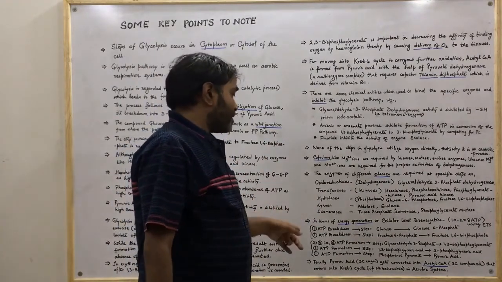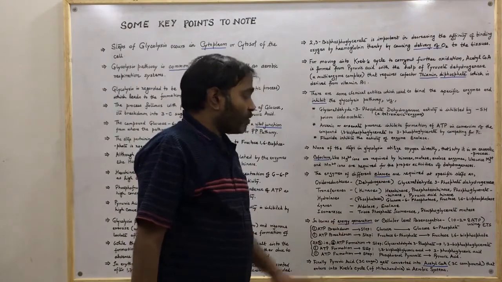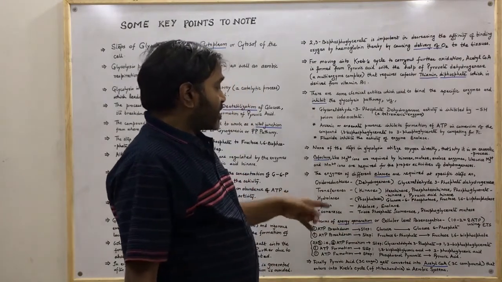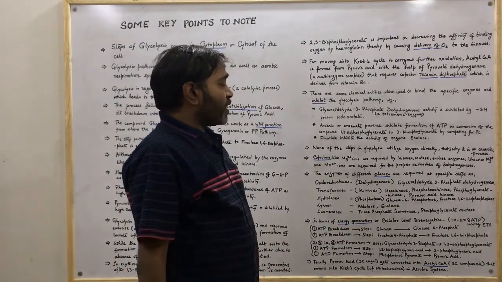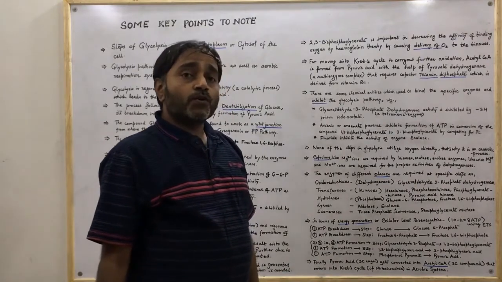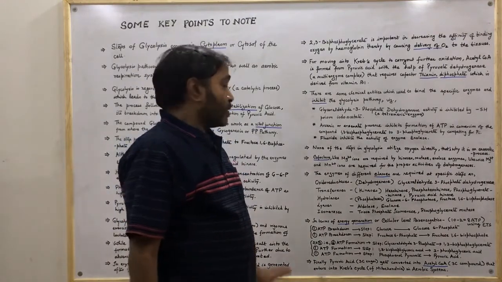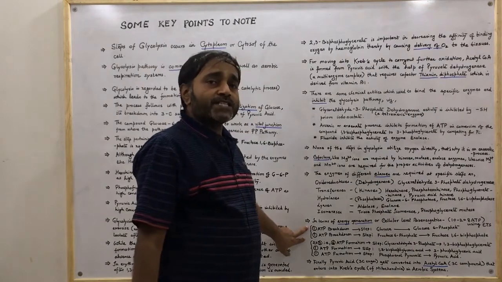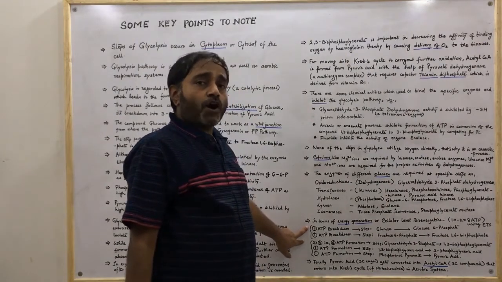And what is the next site? That is 1 ATP breakdown at the step where fructose 6-phosphate gets converted into fructose 1,6-bisphosphate. So in these two steps we can see the expense of energy occurs.